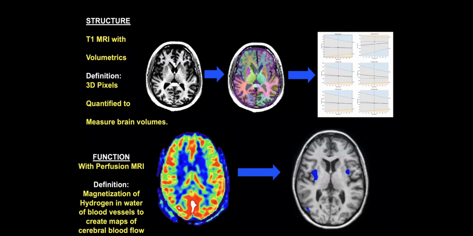And that's structural imaging with volumetric quantification. Sometimes people call it volumetry or 3D volumetry, but the principle is that we're using high-resolution structural scans to measure these individual brain areas.